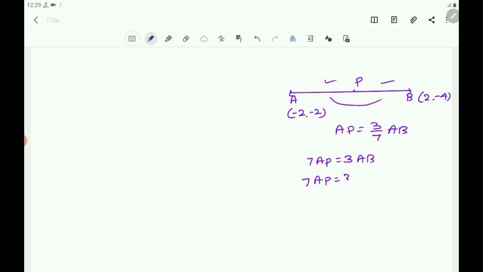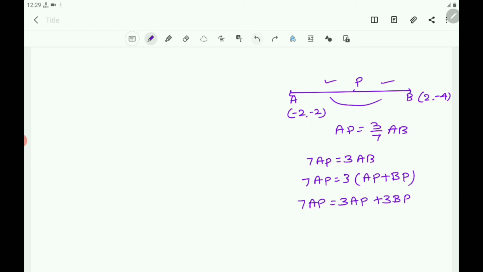AB is the sum of AP and BP. So you write AB is nothing but AP plus BP. Then you write 7 AP equals 3 AP plus 3 BP. Transfer this 3 AP to LHS.